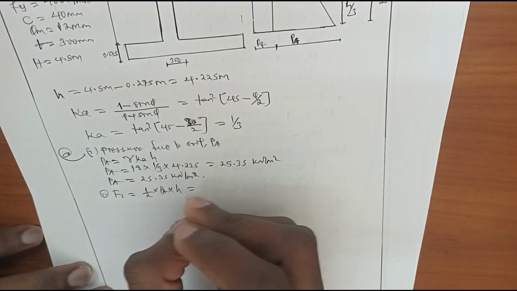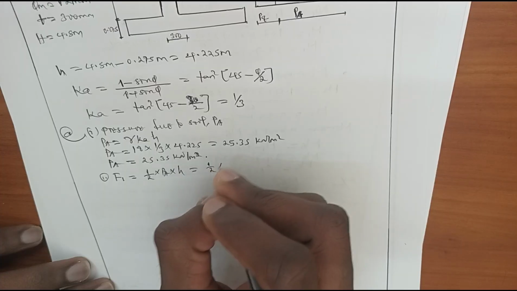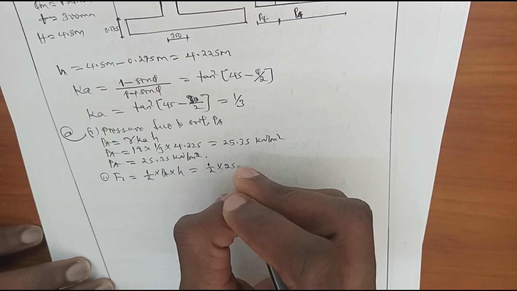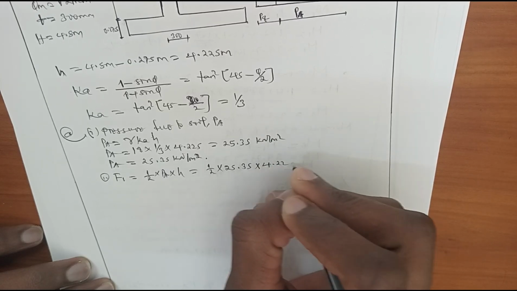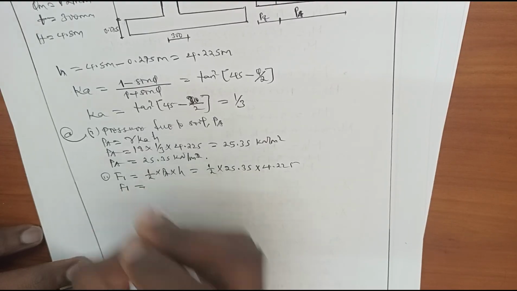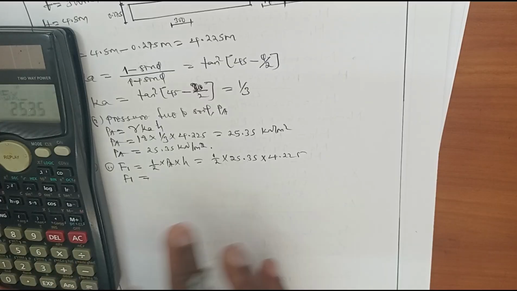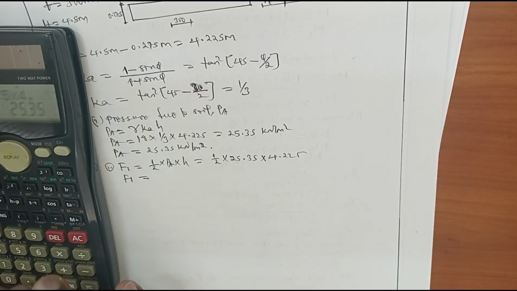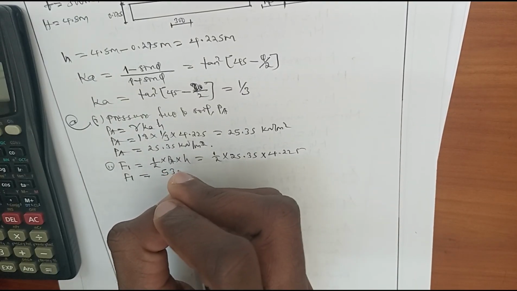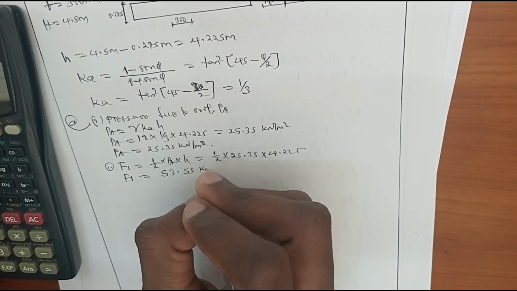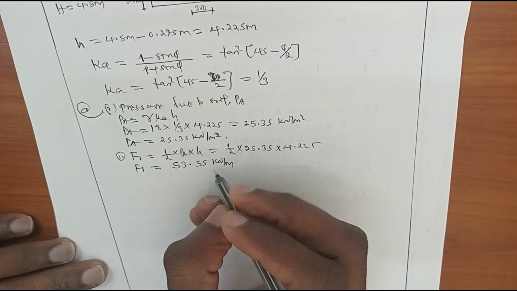So when we substitute, it will be equal to half times 25.35 times h, which is 4.225. Now the horizontal force due to soil will be equal to 53.55 kilonewton per meter. This is the horizontal force due to soil.